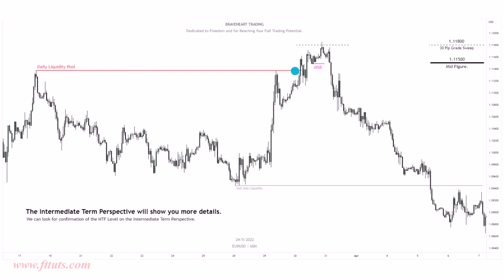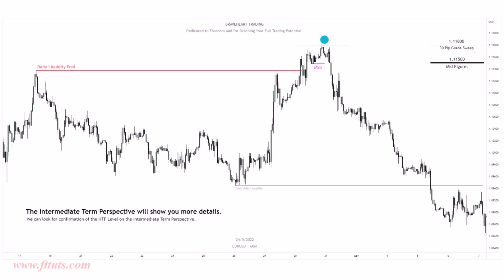So here, this daily liquidity pool is blended pretty much with this mid-figure, so we're going to sweep that mid-figure by 30 pips. 1, 2, 3. So 500, 600, 700, 800, that's 30 pips, and that's called the high.